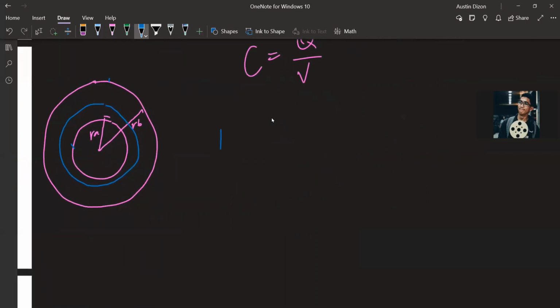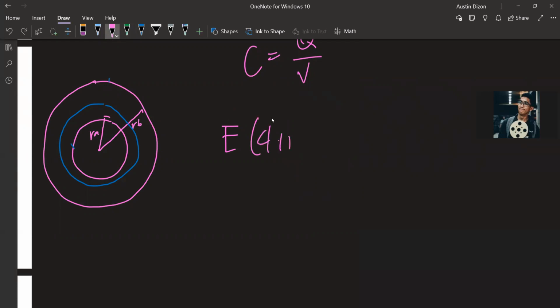The field produced by this inner shell. Balik tayo sa pink. Maganda yung pink. The field produced by the inner shell, we have solved it earlier. Sige, gawin natin yung Gauss's law para for everyone.